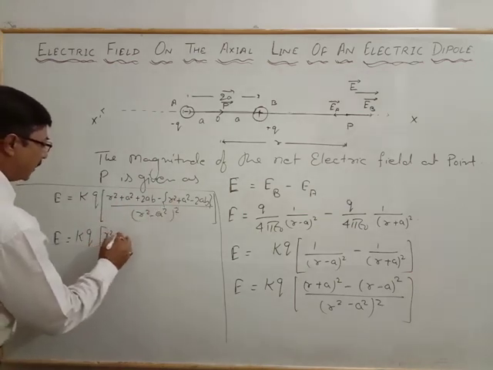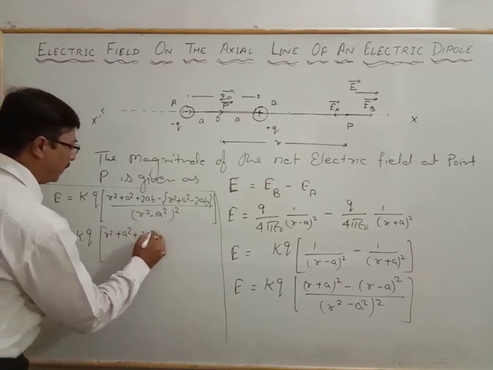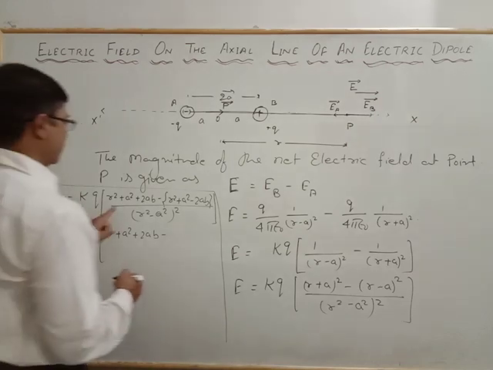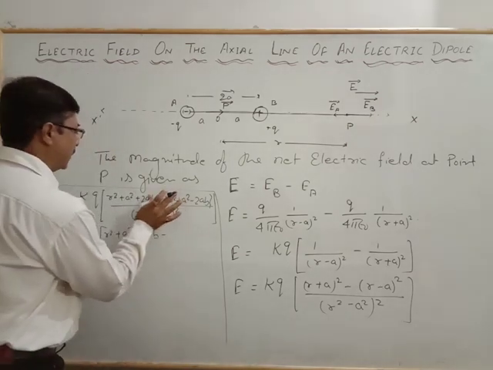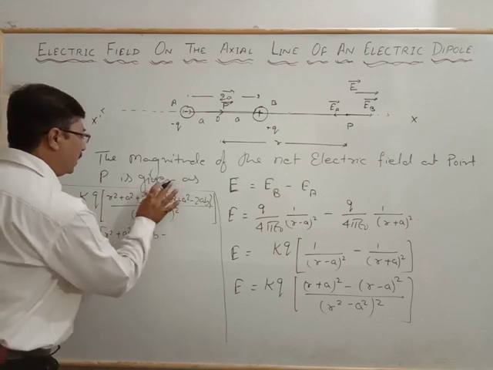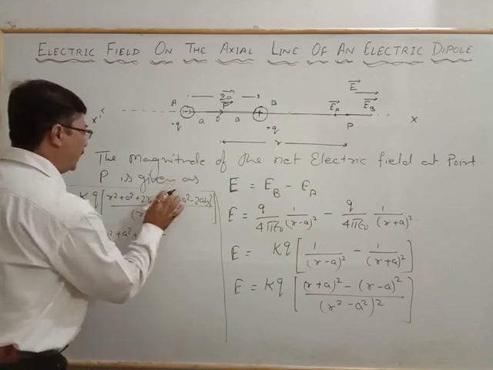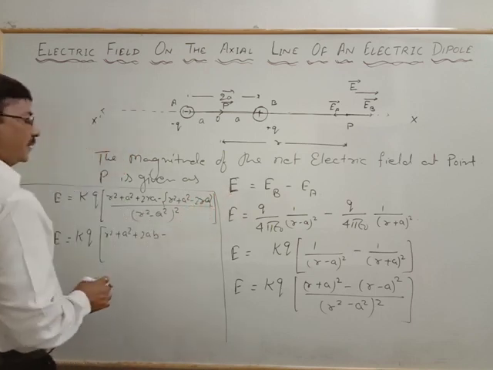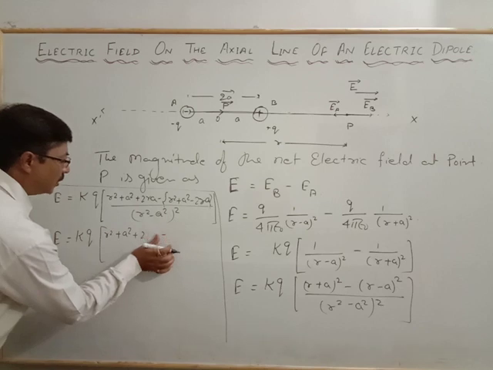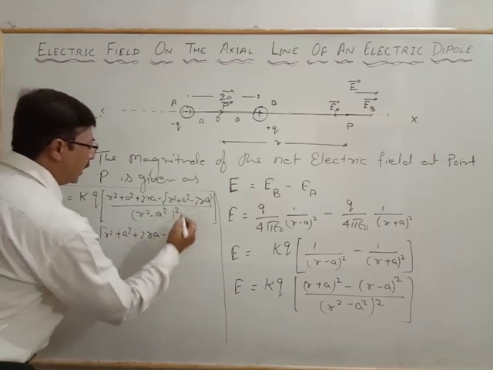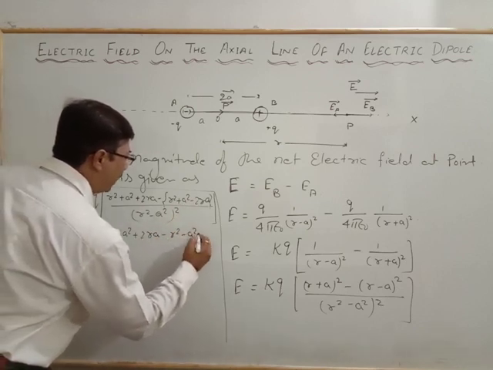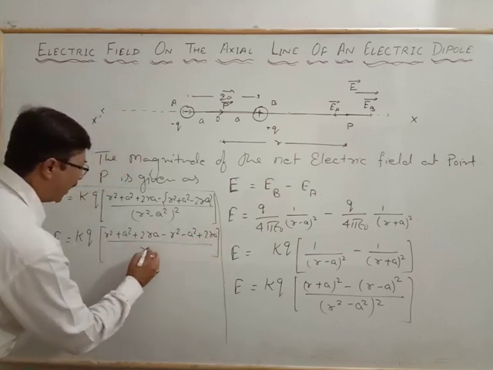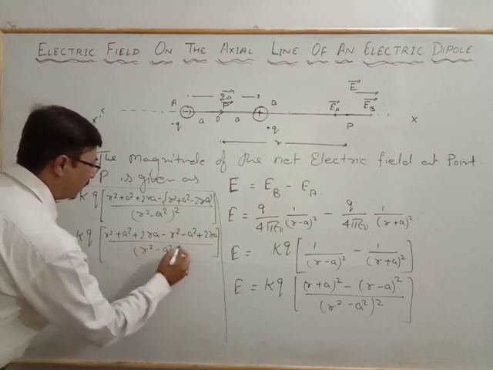R square plus a square plus 2ra minus r square plus a square minus 2ra, by (r square minus a square) whole square.